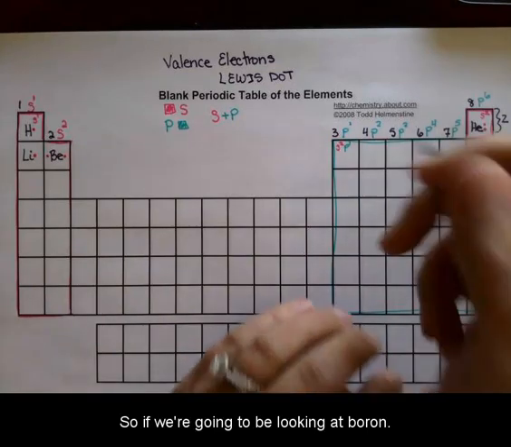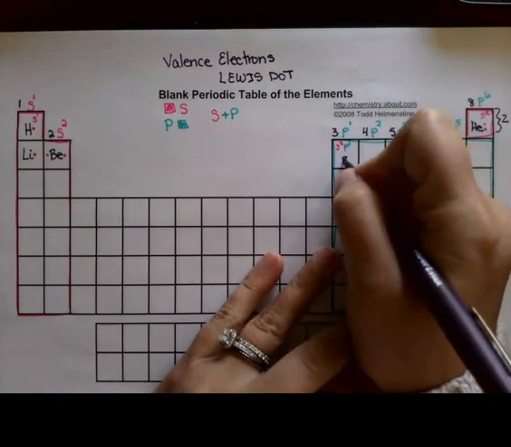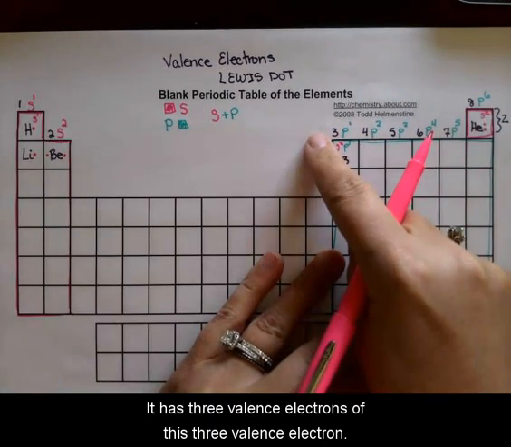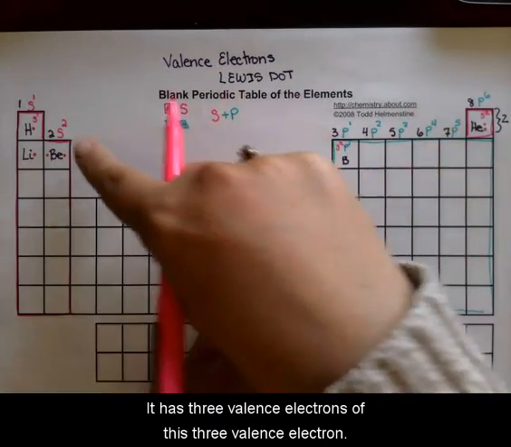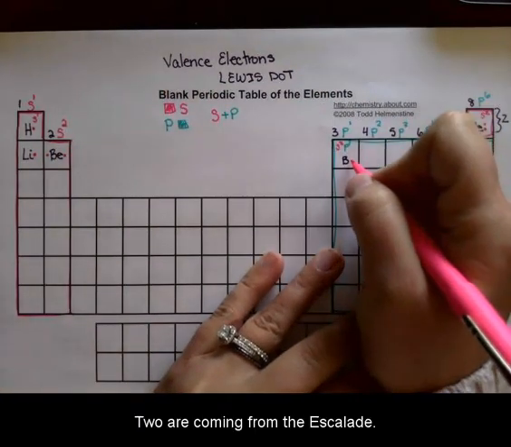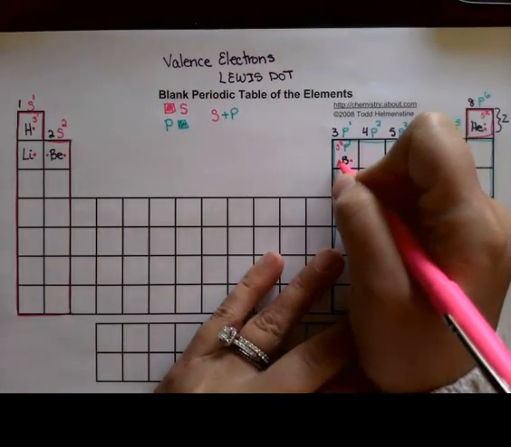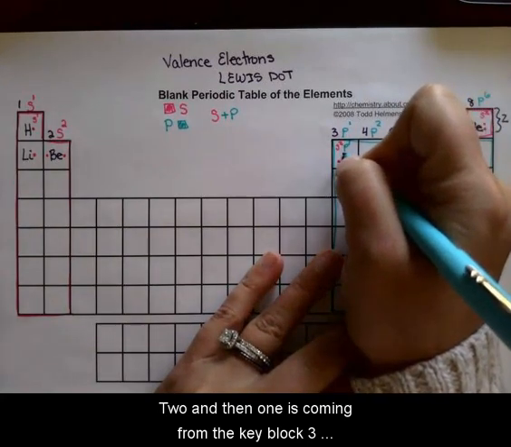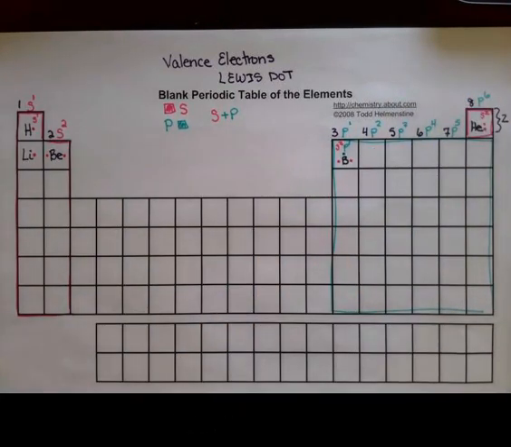So if we're looking at boron, which is the first one here, it has three valence electrons. Of these three valence electrons, two are coming from the S block, 1, 2, and then one is coming from the P block, 3, and we're going to put that third on top.